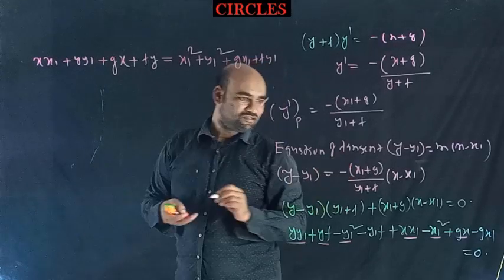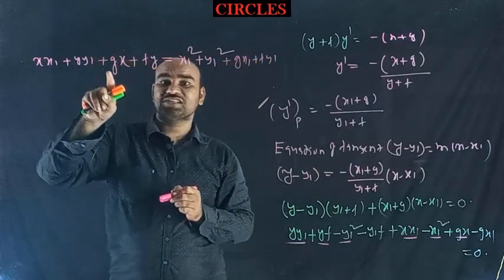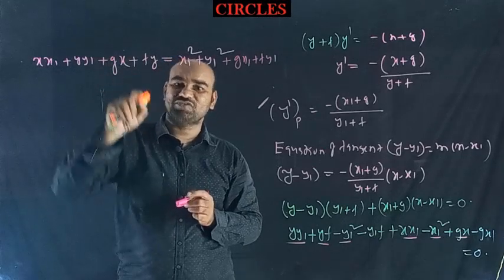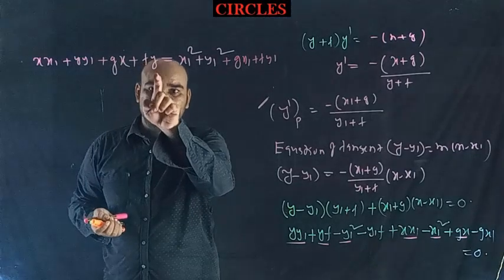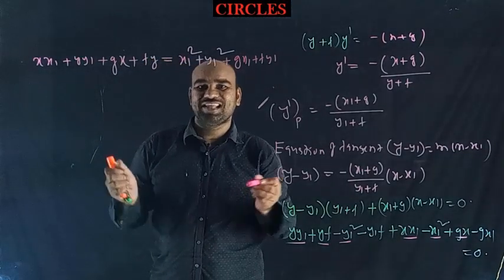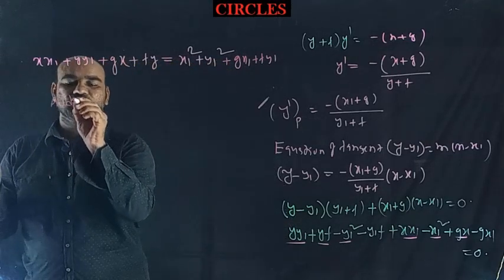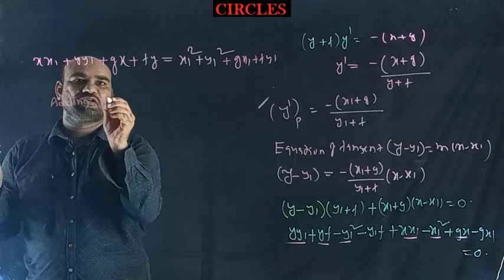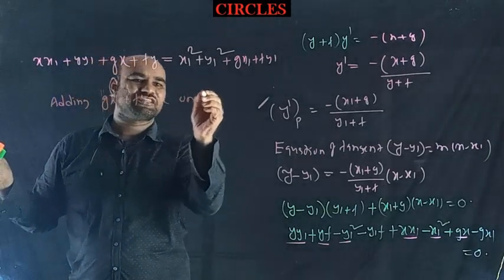That's all. Actually, what should get done here? xx1 plus yy1 plus g times of x plus x1, you want gx1 here, and fy1 you want. That's why I want to add gx1 and fy1 plus c on both sides.